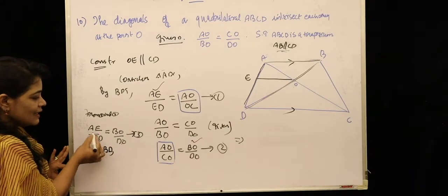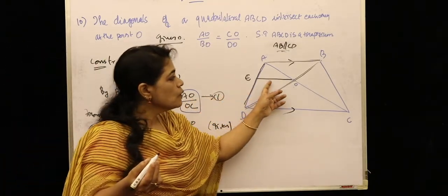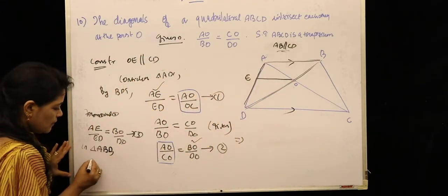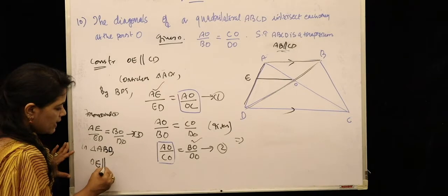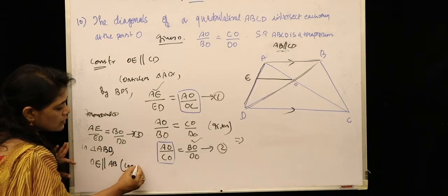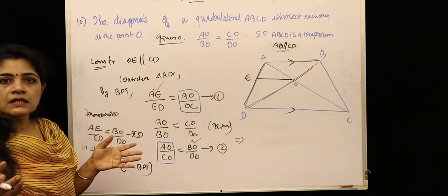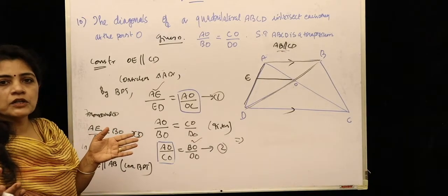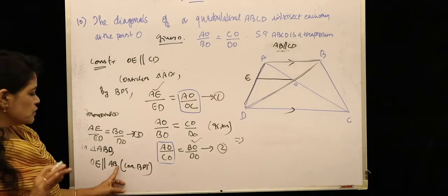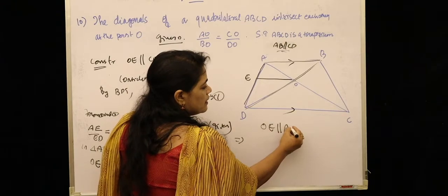Since these two sides are divided in the same ratio, this OE is parallel to AB. OE is parallel to AB by converse of BPT. Understood? If in a triangle two sides are divided in the same ratio, then that line is parallel to the third side.